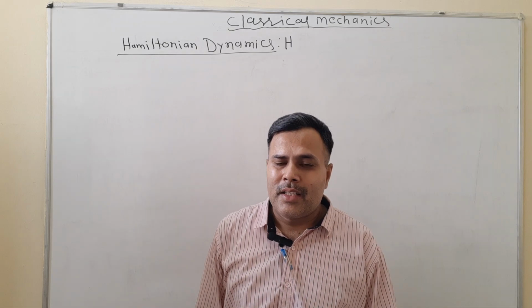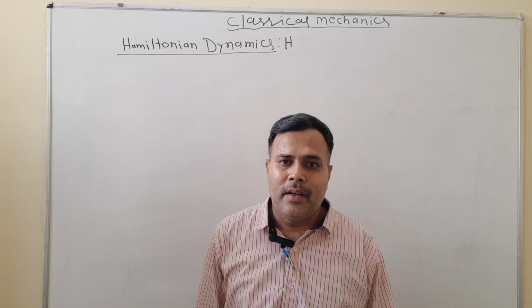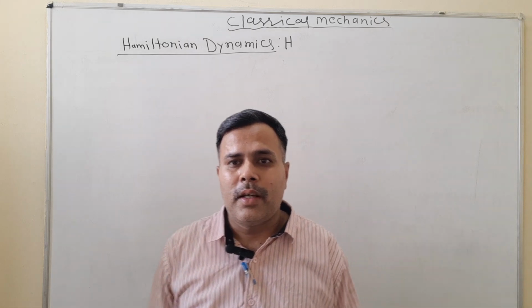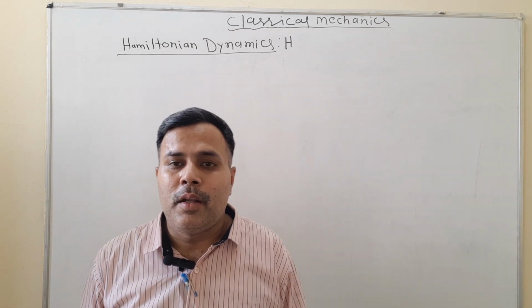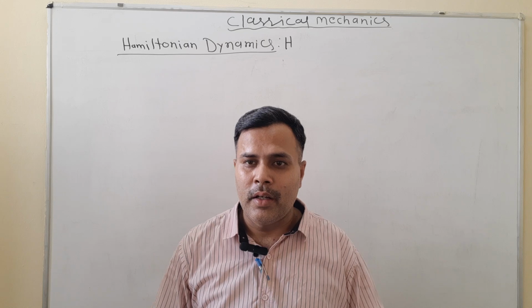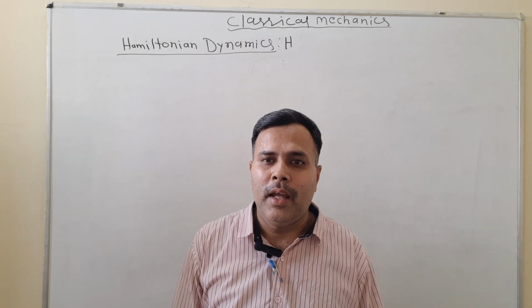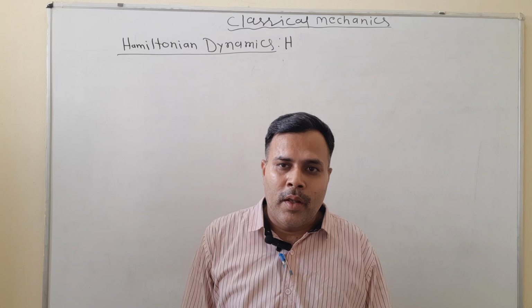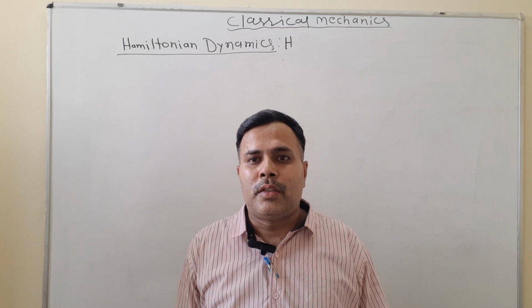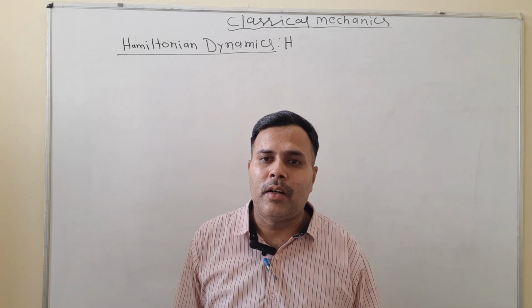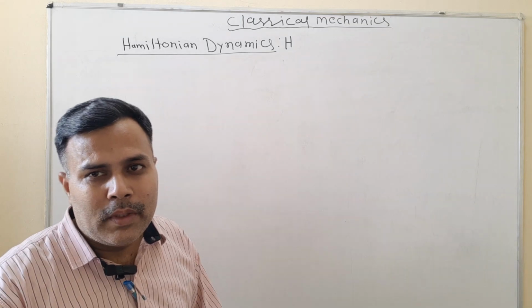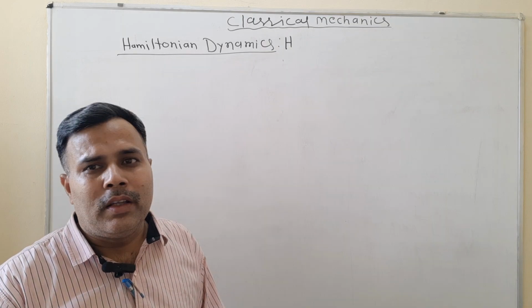So, in this lecture, I will discuss how to express a Hamiltonian in different coordinate systems, or how to write the expression of Hamiltonian for a given L. Suppose the simplest coordinate system is the Cartesian coordinate system, so we will focus on that.